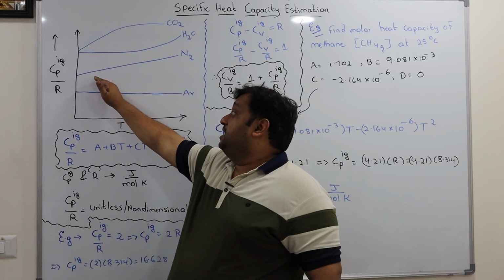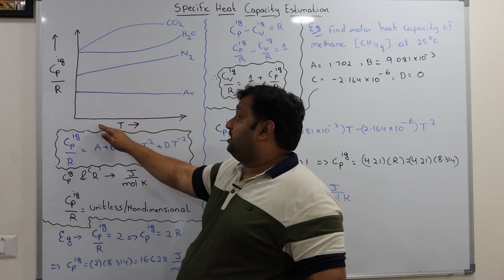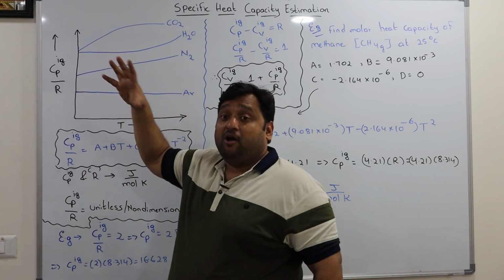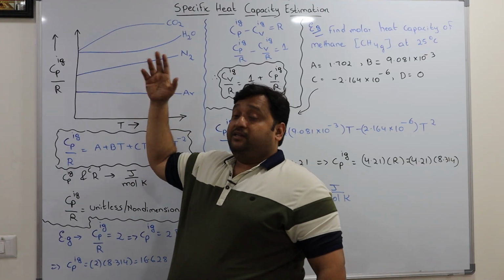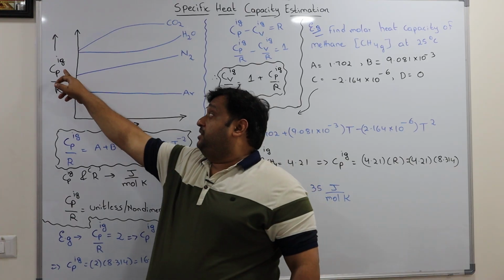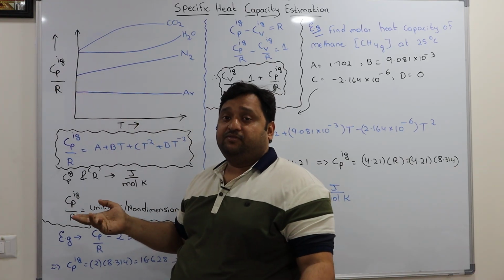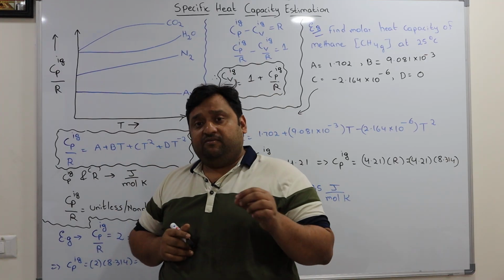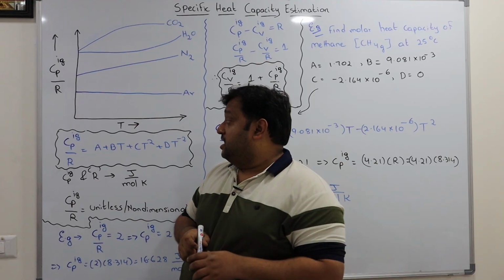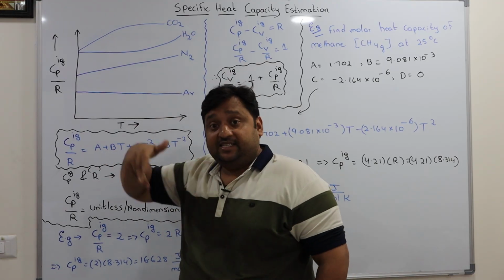If your gas heat capacity, that is the capacity to hold heat, is changing with respect to temperature, you have to account for all these changes. And there are two methods: estimate the value of CPIG using the graph, or estimate the value of CPIG using the equation. In general, if you go to Smith and Van Ness's book of thermodynamics, the A, B, C, D values of different gases are listed.